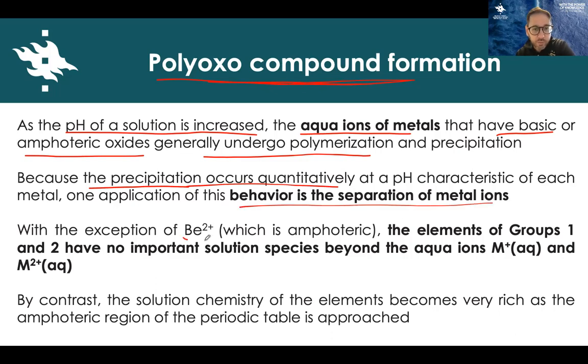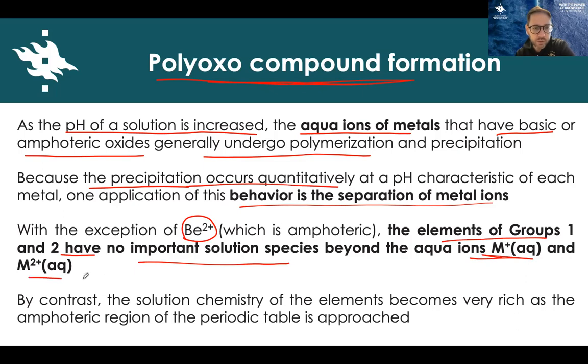For example, except beryllium 2+, which is amphoteric, the elements of group 1 and 2 have no other solution species beyond the aqua ions, +1 or +2.